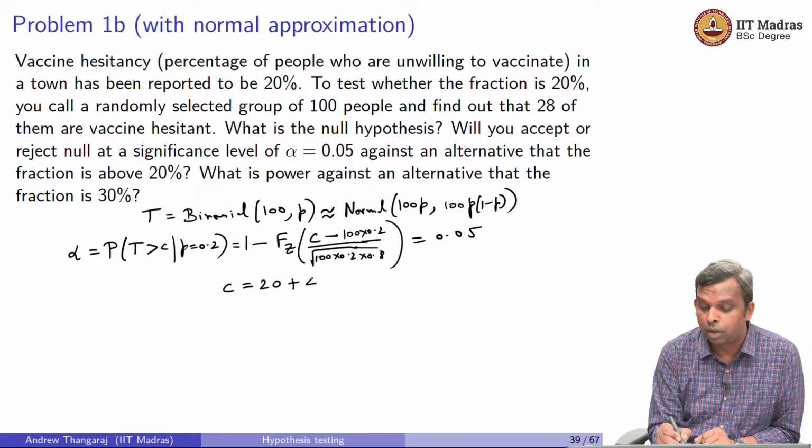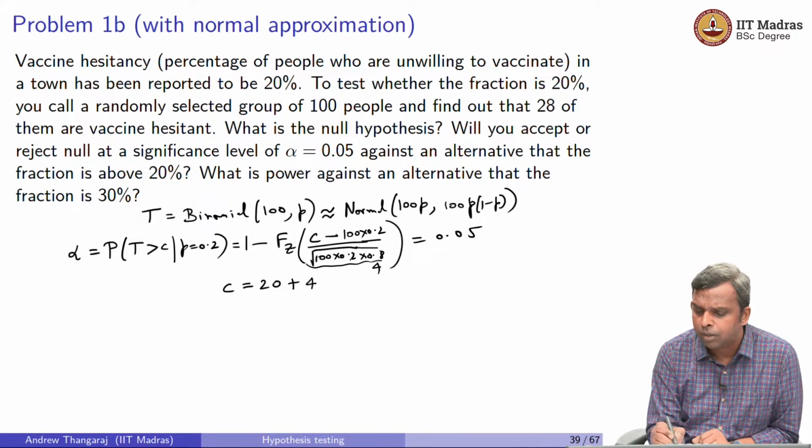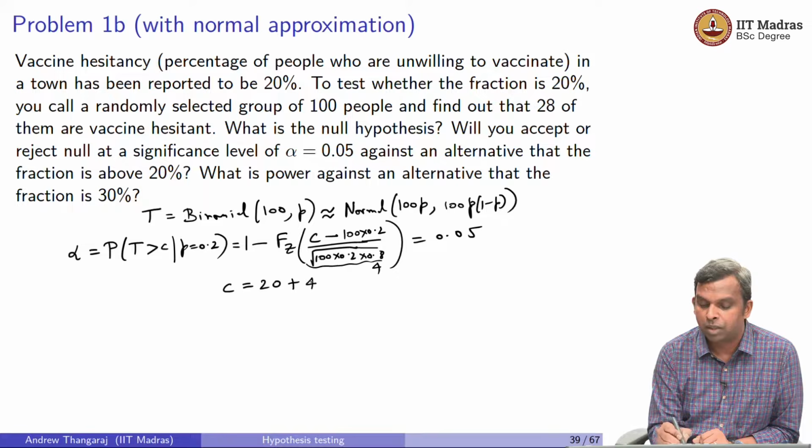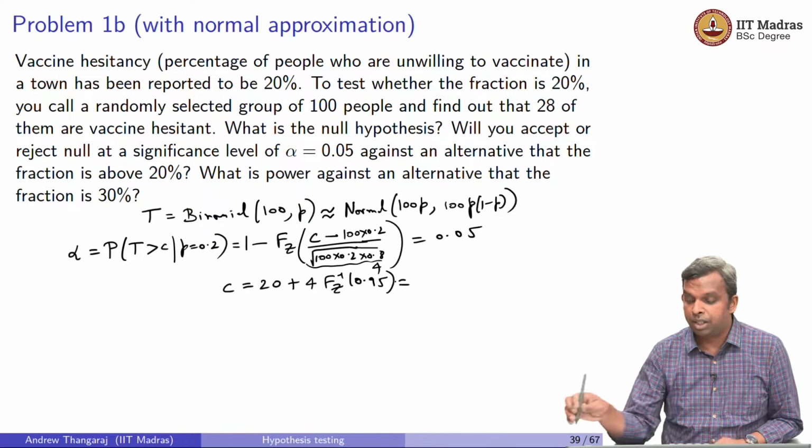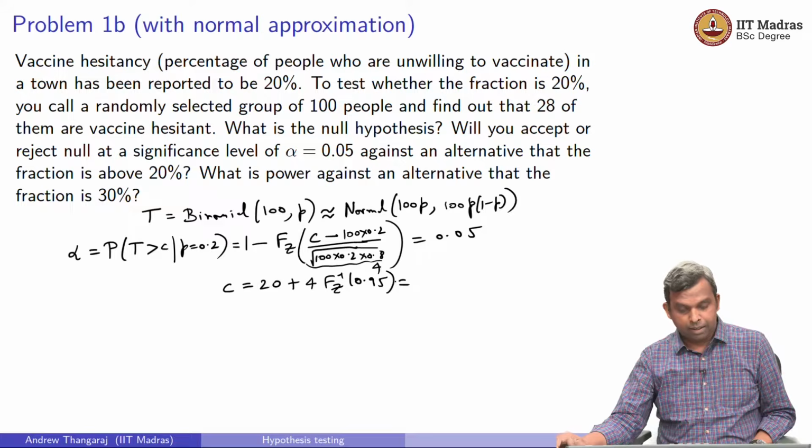So it is 4 times Fc inverse of 0.95, plus 20.